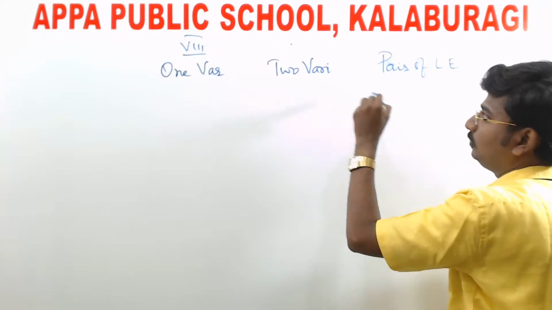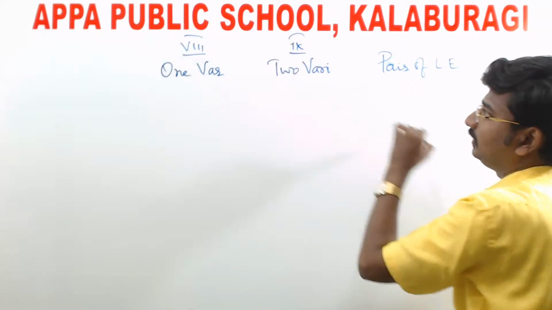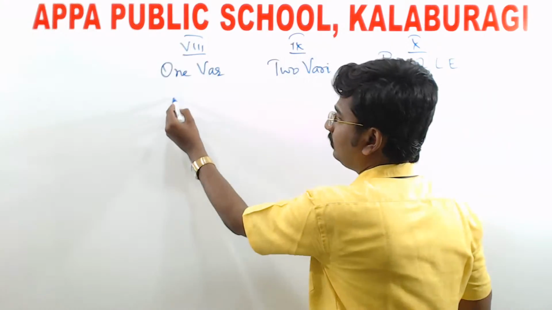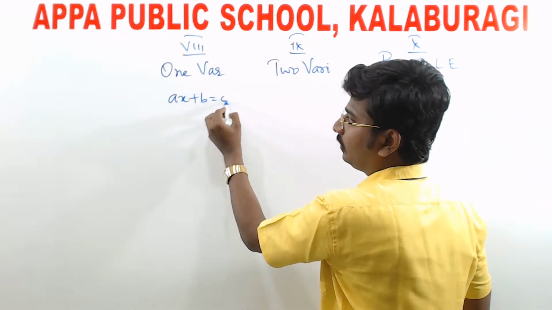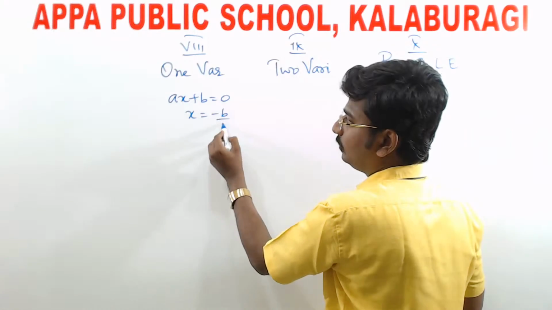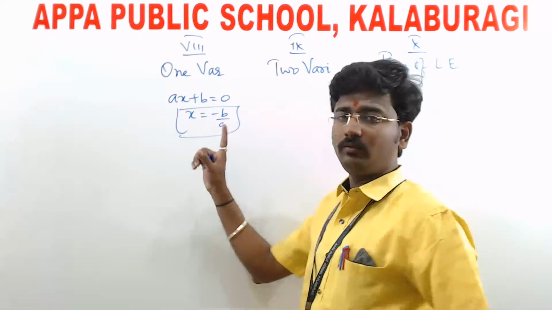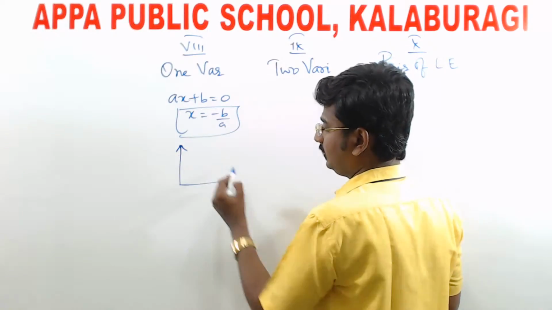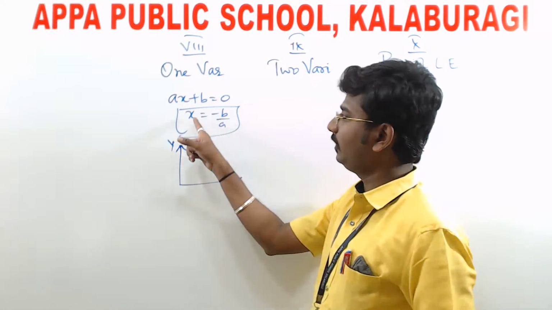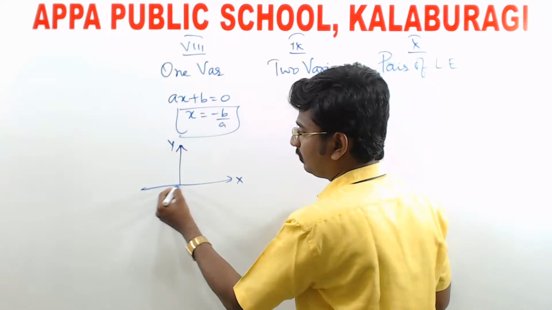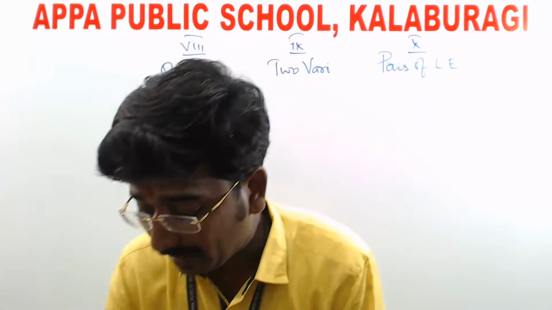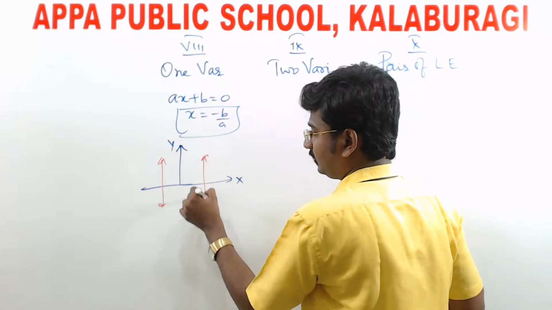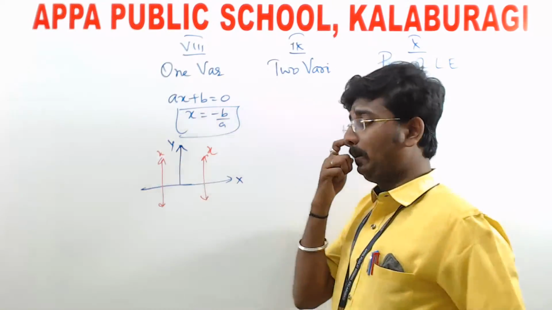Two variables you studied in 9th, and now you are studying in 10th. In one variable, the standard form ax plus b equal to 0 has a unique solution because there is only one value. If this is the graph with x and y axes, this is the value of x, somewhat plus or minus; it would be parallel to the y axis. Remember, the value of x would be parallel to the y axis.